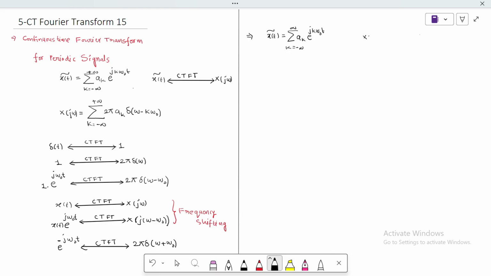For this case, what is the Fourier transform? x of j omega equals the sum of 2 pi ak into an impulse train, del of omega minus k omega naught, k from minus infinity to plus infinity. So this is the next problem. These are the problems.